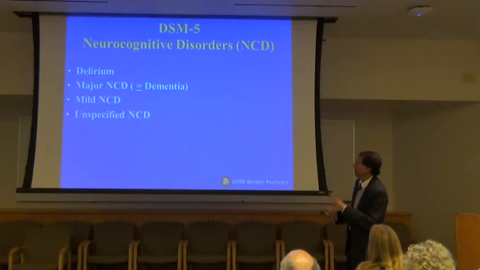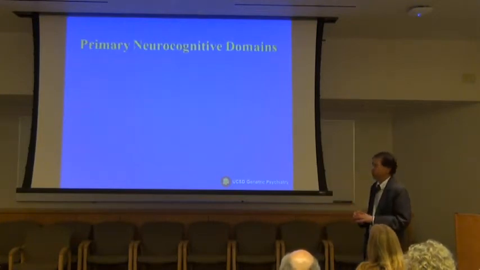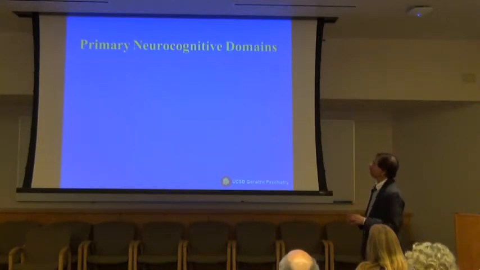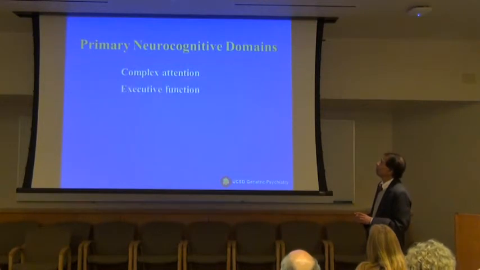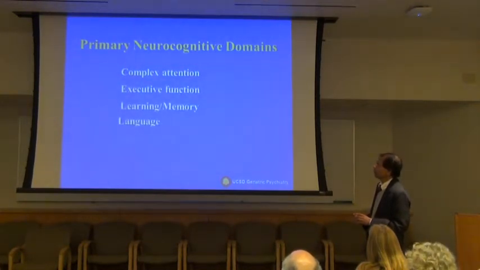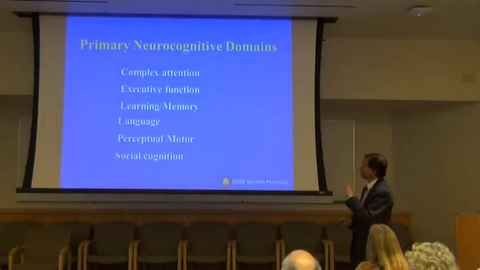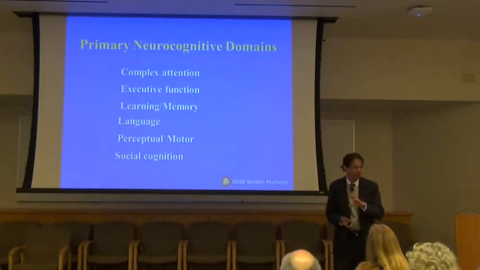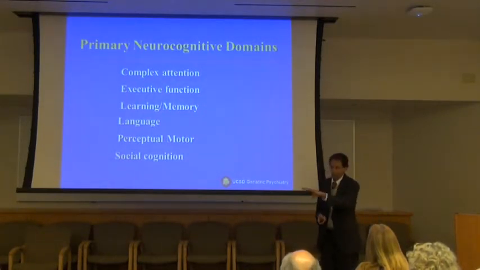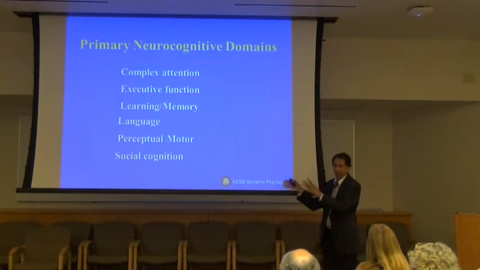I'm going to spend very little time on delirium because there were very few changes in the criteria. But before I talk about that, I just want to talk about neurocognitive domains. There are 6 main neurocognitive domains listed, and you'll find them in the DSM-5 book. They describe what each is and what tests can be done to test it.